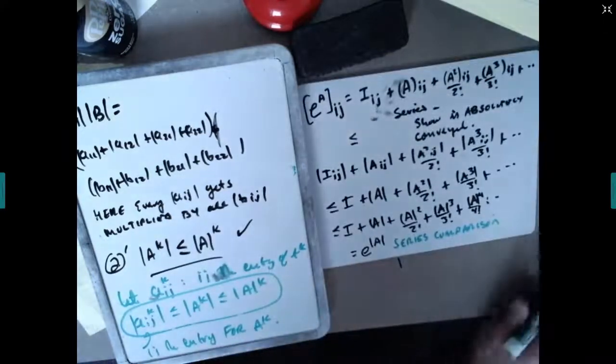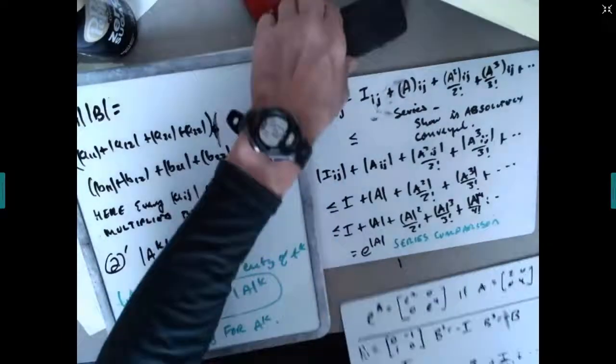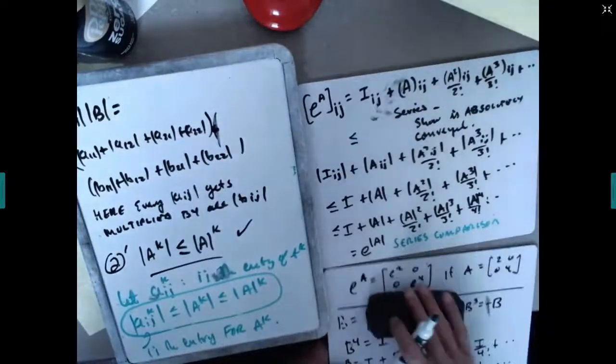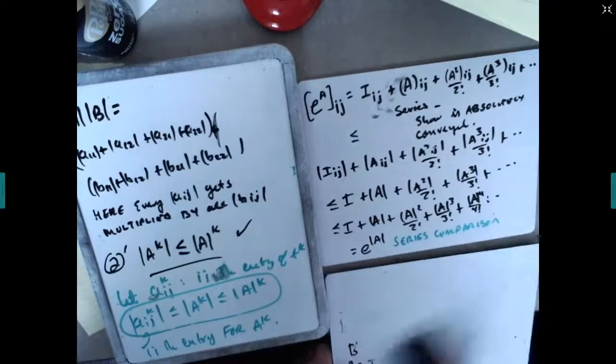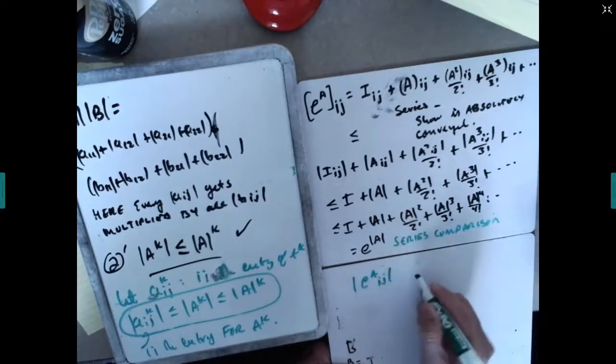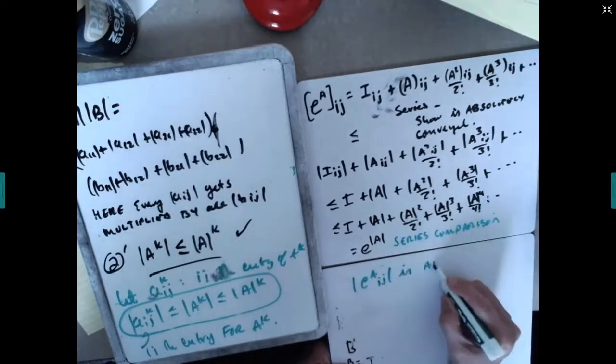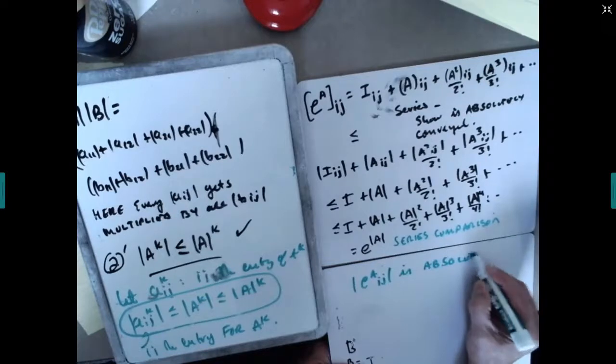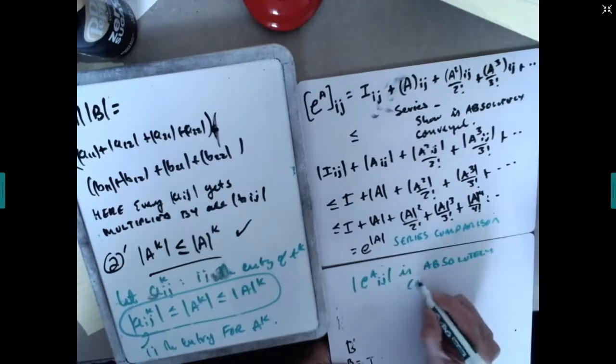we'll just close it up here. By series comparison, the series for e to the A, ij absolute, is absolutely convergent, because remember, that's a series.